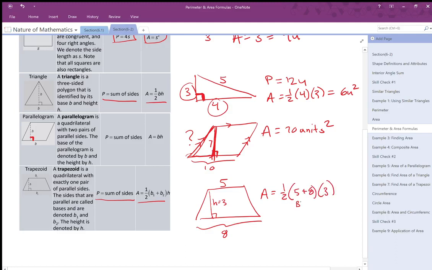So this is base 1 plus base 2, the sum of the bases times the height times the 1/2. So area would be 5 plus 8 is 13. Half of 13 is 6.5 times 3. Area would be equal to 19.5 units squared.